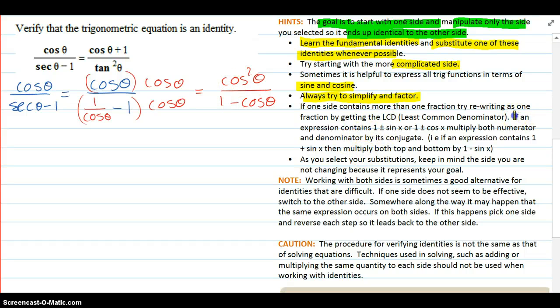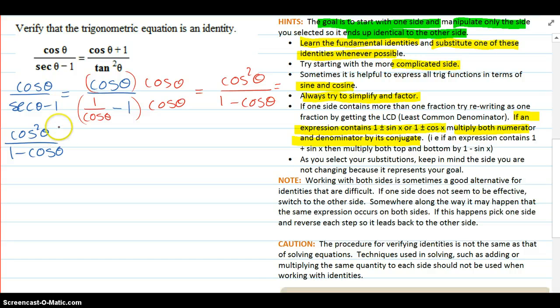But the next part: if an expression contains 1 plus or minus sine or 1 plus or minus cosine, multiply the numerator and denominator by its conjugate. Well, we have that because we have a 1 minus cosine. So I'm going to go ahead and multiply top and bottom by the conjugate.